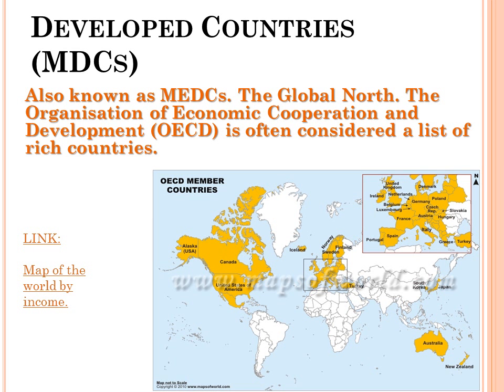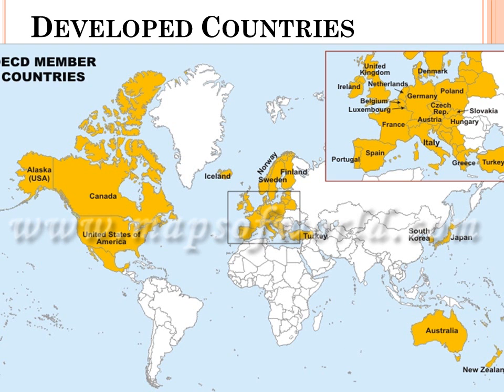On the other hand, those more developed countries, or OECD countries, are focused in the global north. They are Europe, the United States of America and Canada, but also Japan, South Korea and Australasia.